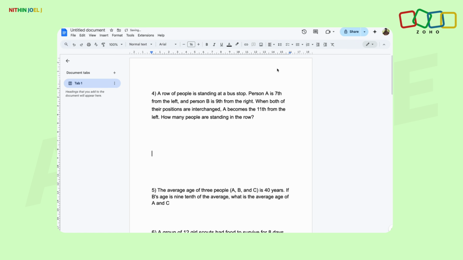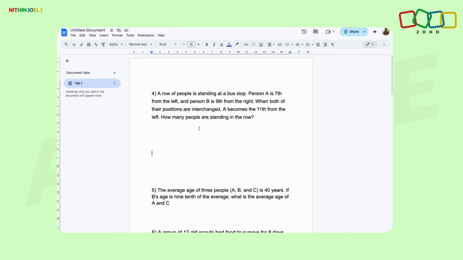So there is a row at a bus stop and there are people standing over there. A is standing in the 7th position when you count from left. When you're counting from the left side, A is in the 7th place. And while counting from the right side, B is in the 9th place.